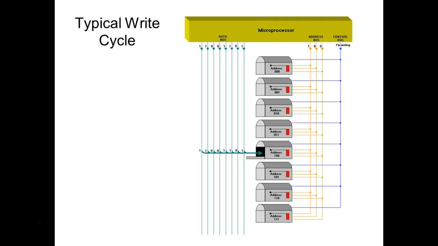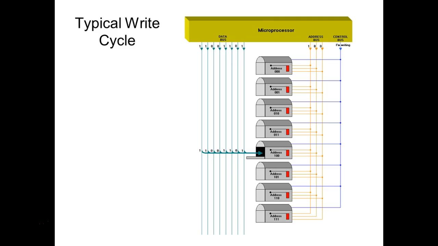If it says I'm writing, then the processor will put information on the data bus. And when it says I'm writing, the mailbox knows to do what? Take that binary number off the data bus and put it into the storage. And then the microprocessor puts out another address, and this mailbox would close and another mailbox would open.